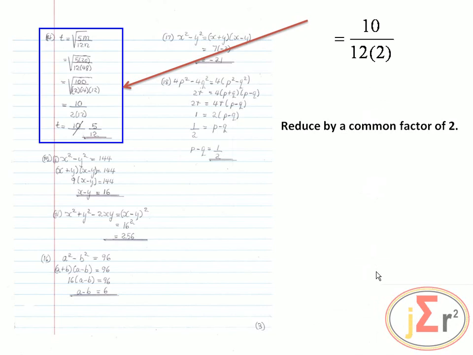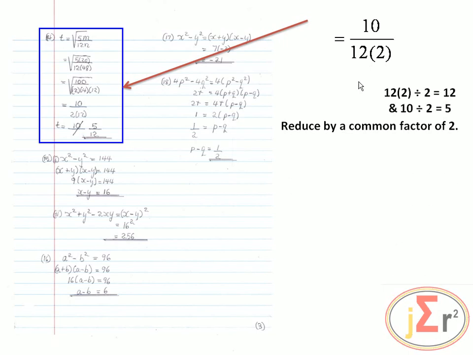All we need to do right here is reduce that fraction by the common factor of 2. Especially the denominator is very simple to reduce by the common factor of 2, because we have it written, or we may say already, with a factor of 2. Therefore, all we need to do is eliminate that factor of 2.